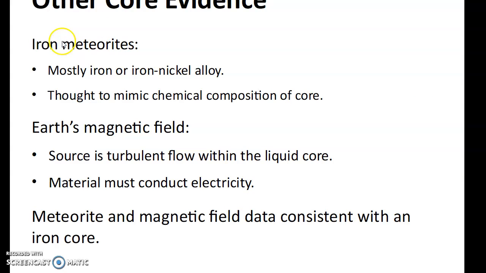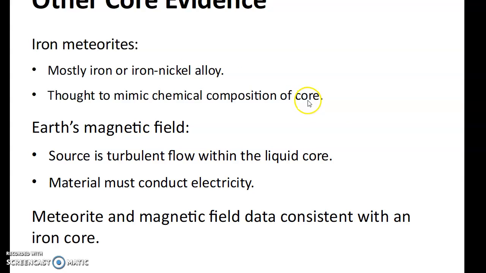Other core things that support this information are iron meteorites that we have seen that have impacted on the Earth. They're mostly iron or the iron-nickel alloy. They're thought to mimic the chemical composition of the core. That's a theory.